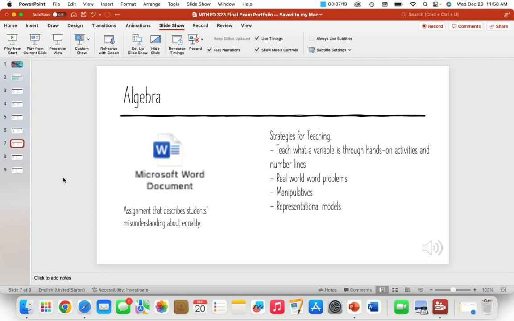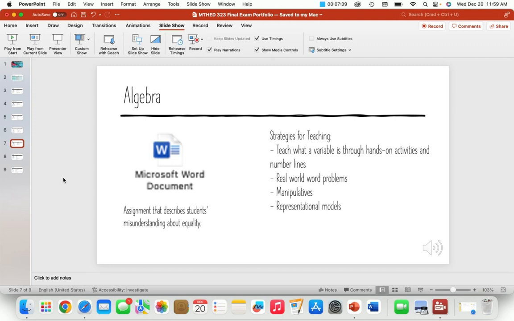And then it's so beneficial to also include word problems through algebra. So you could have Bob has $5 more than Stacy, and Stacy has $25. So how many dollars does Bob have?